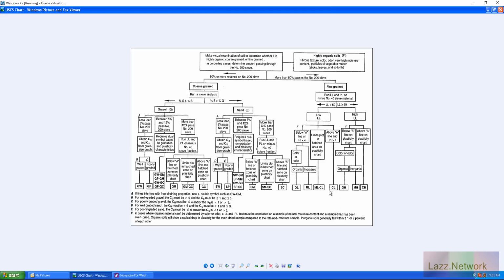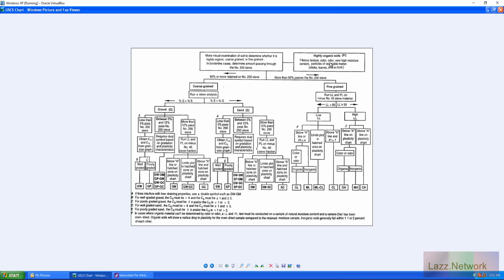Actually, I shouldn't say that. Sometimes CL can be lean clay. It's just one of those things. It's up to the engineer depending on how they want to classify it, but it's all based on the data that you get. So this is how the Unified Classification System works.